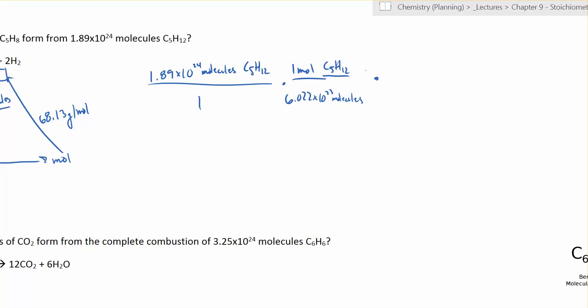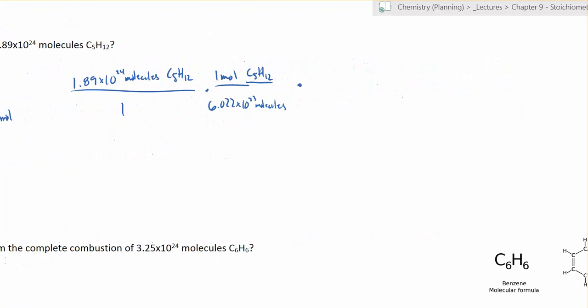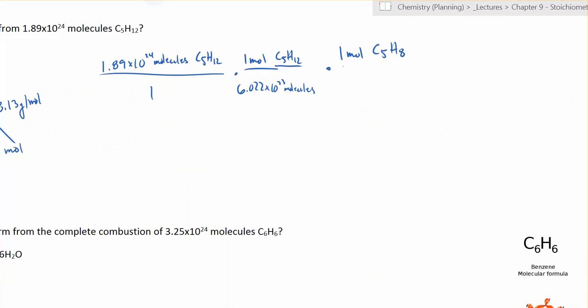Then we can use our mole-to-mole ratio, which we see is 1 to 1, that we're generating 1 mole of C5H8 for every 1 mole of C5H12 consumed. And as our last step, we'll multiply by the molar mass, 68.13 grams for every 1 mole of C5H8.